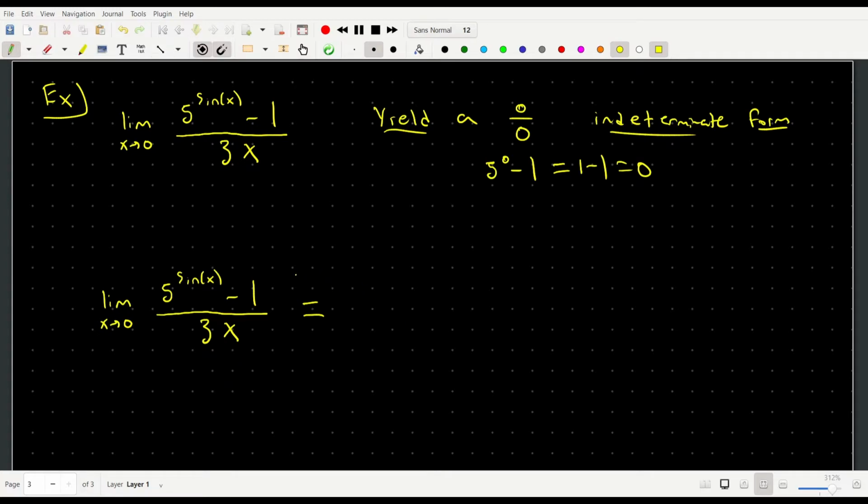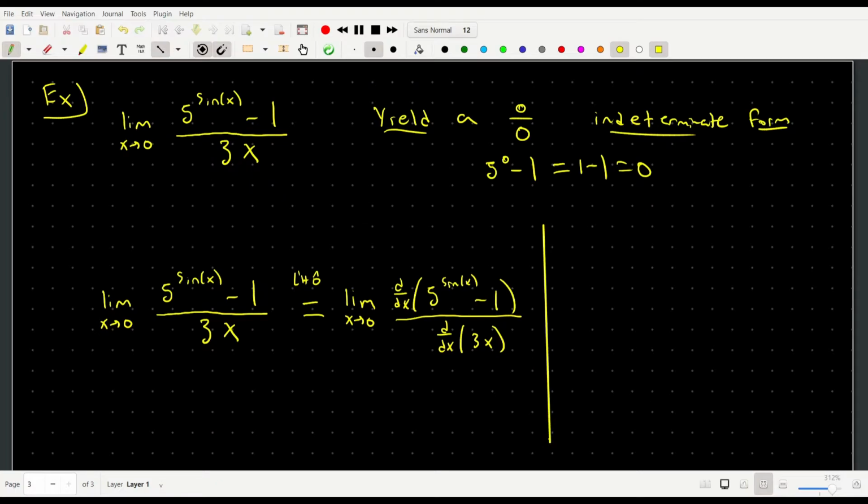So from L'Hopital's rule, this is going to be the same thing as the limit as x approaches 0 of the derivative of the numerator over the derivative of the denominator.